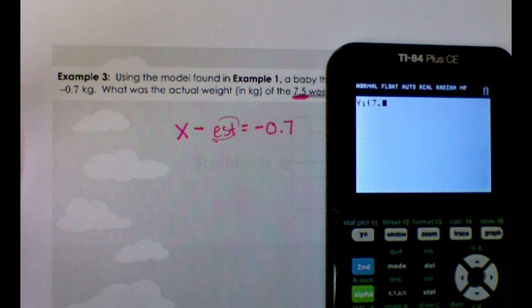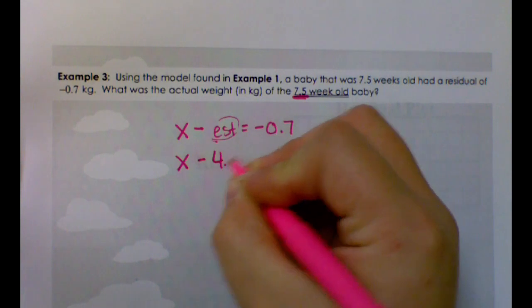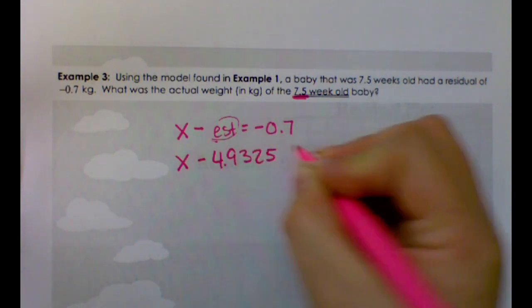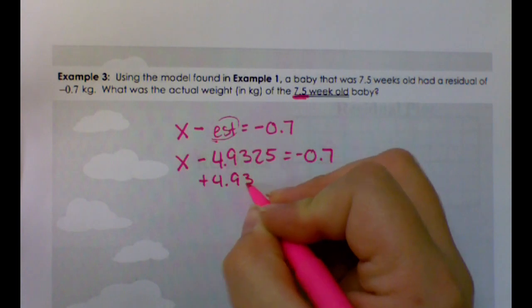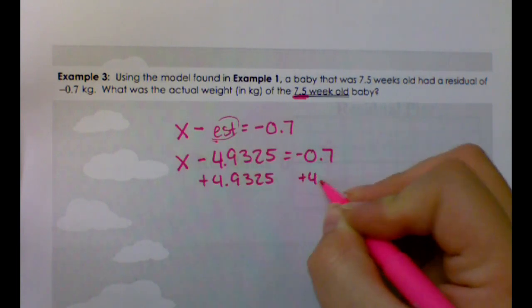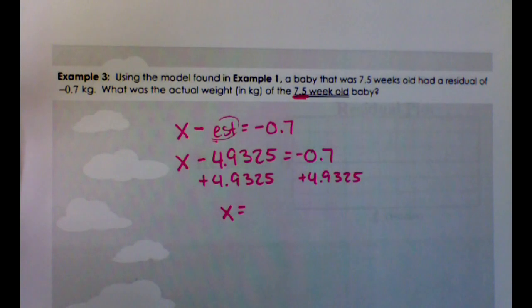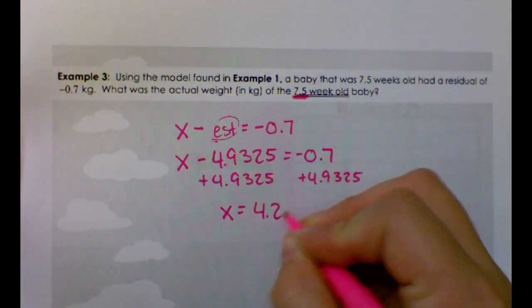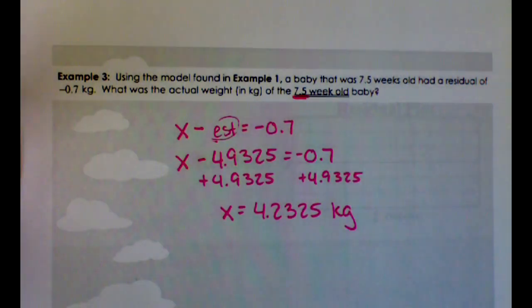Y1 of 7.5. My estimated is 4.9325. So something minus 4.9325 equals negative 0.7. Add the 4.9325. I get x equals 4.2325 kilograms. That baby actually weighed 4.2325.